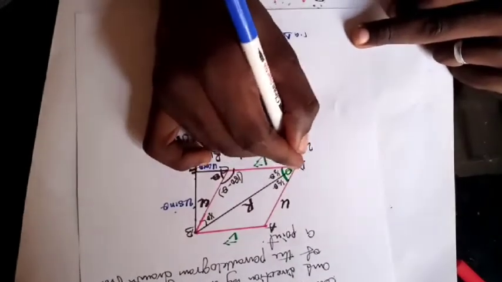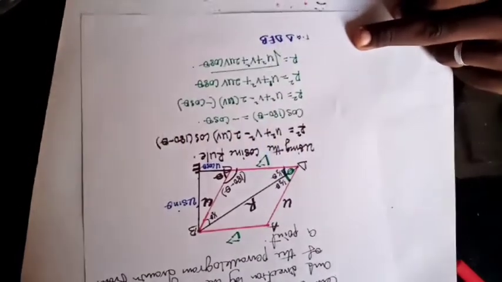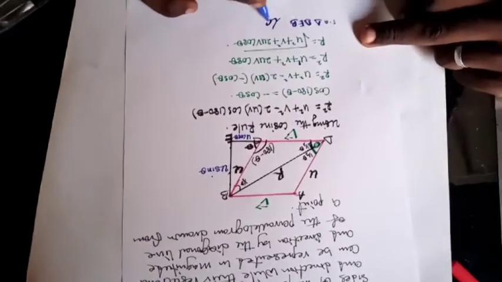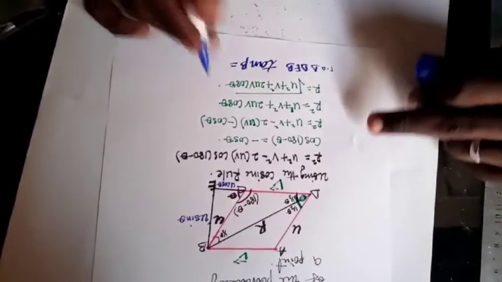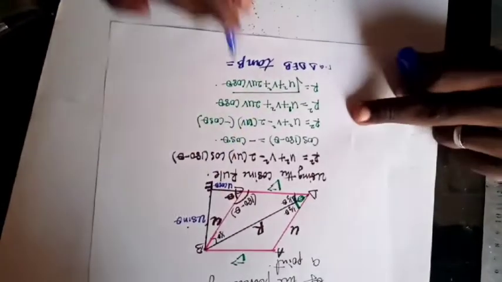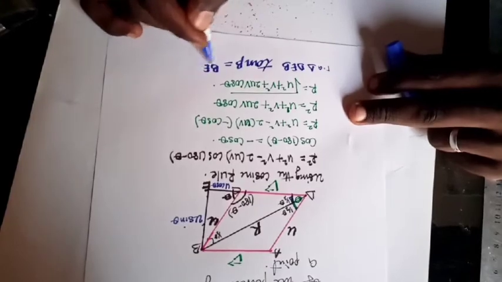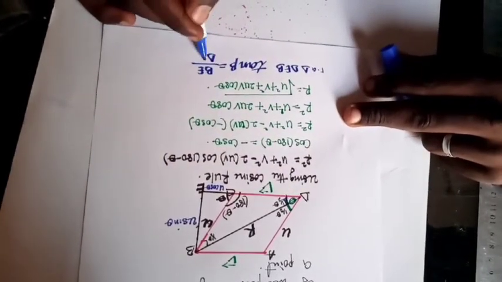Let's say the angle is beta. If this angle is angle beta, I can now say the tan of beta, which happens to be the direction of r, is equal to opposite, which is BE, over adjacent, which is DE.